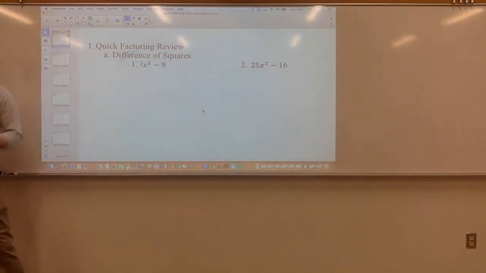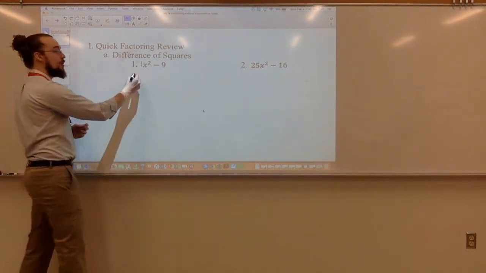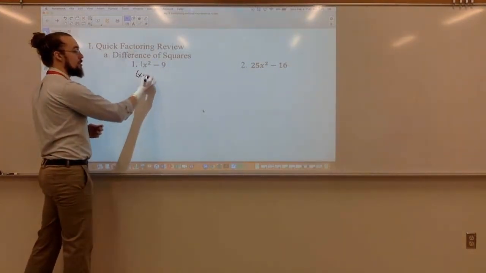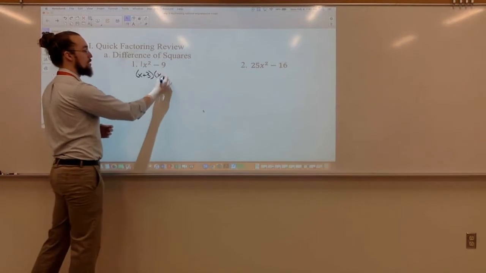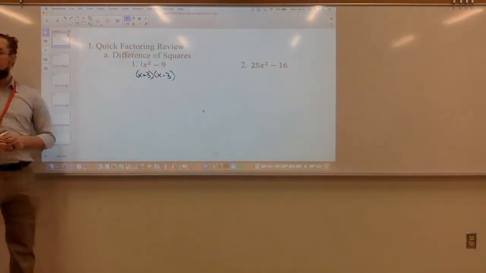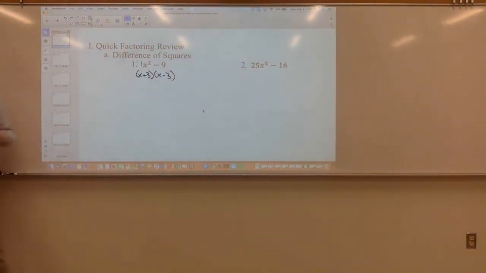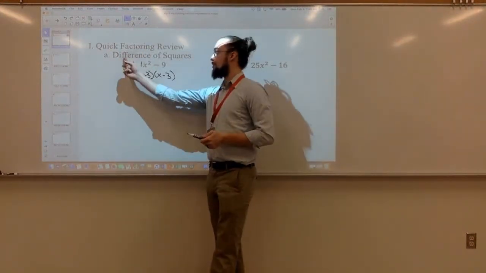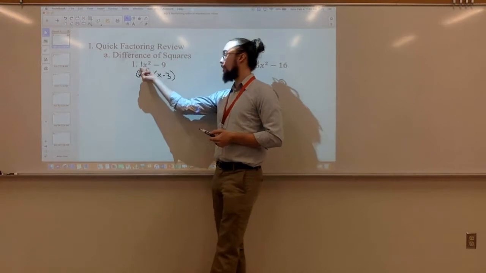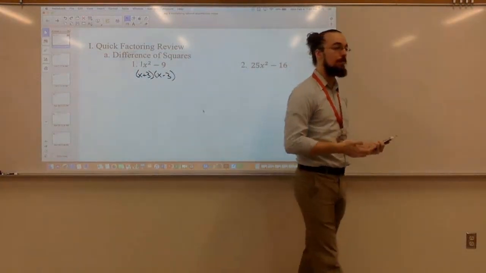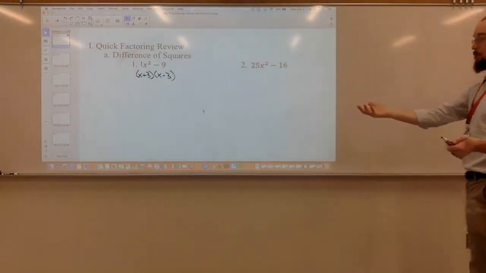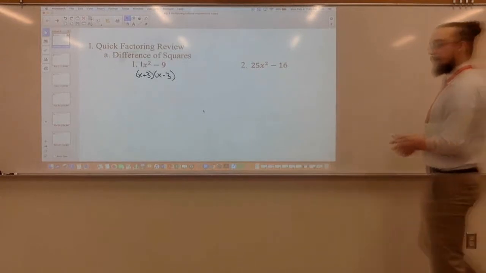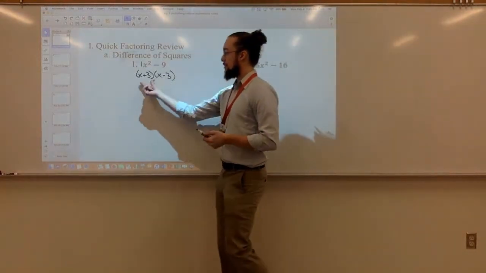We can't take one out here. But this is a difference of squares. So I can just factor this into x plus 3 and x minus 3. Whenever we see a difference of squares, and what that means is subtraction. Difference means subtraction. And then squares means both of these terms are perfect squares. So x squared is a perfect square, 9 is a perfect square. I can then factor it like this.